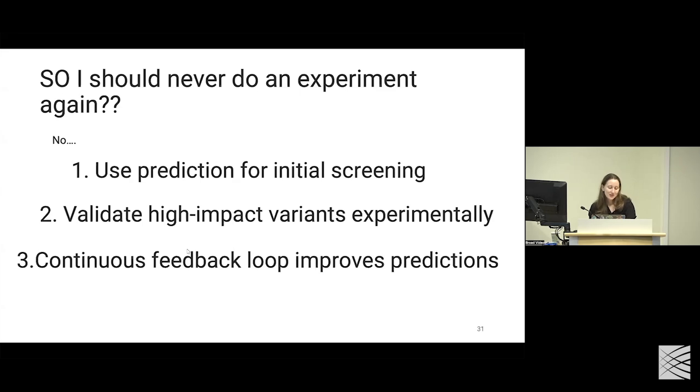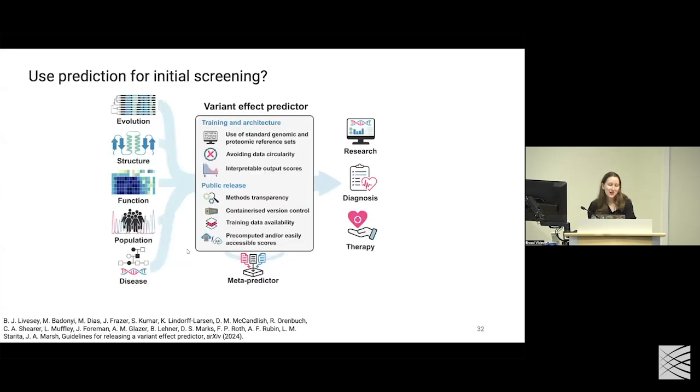Okay, so maybe you believe me. Anyway, this is a body of work from a group of us, the Variant Effect Prediction Association, led by Joe Marsh. We put out these guidelines for releasing a variant effect predictor. You can check it out if you like.